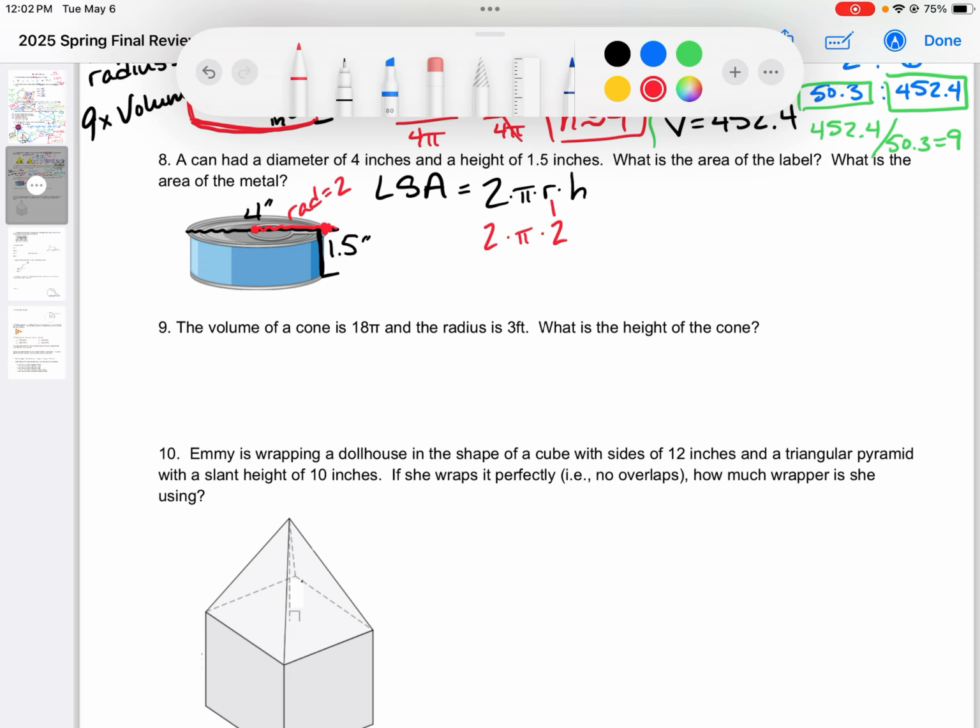And we can plug in 2 times pi times 2, because that's our radius, times 1.5, because that's our height. So when we multiply this out, we get 4 times 1.5. I guess I could just go ahead and multiply that also.